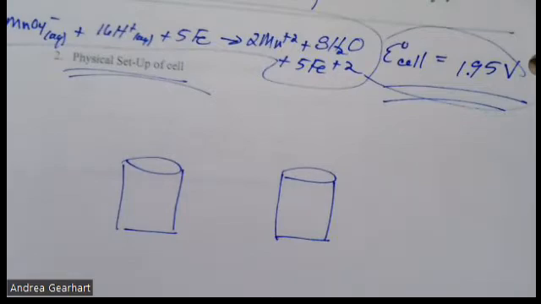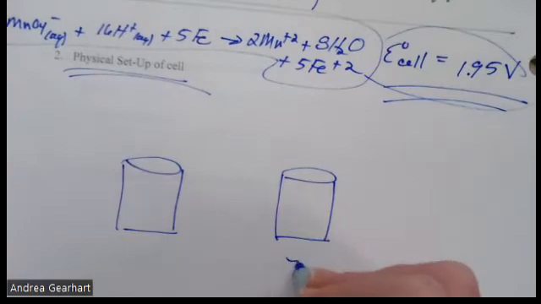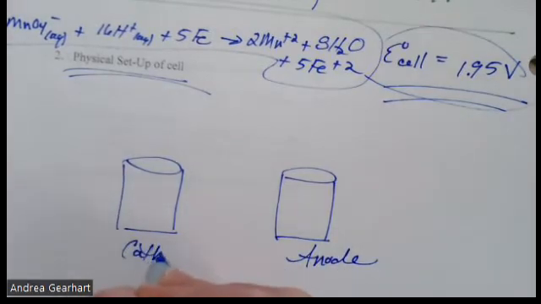It does not matter where you put your anode or your cathode. Does not matter. So, Rosie, you choose. You want the anode to be on the left or the right? Sure. And we do need to label which is the anode and which is the cathode.